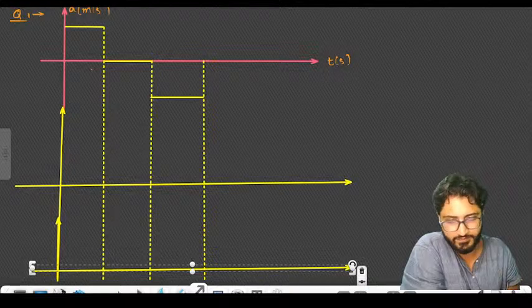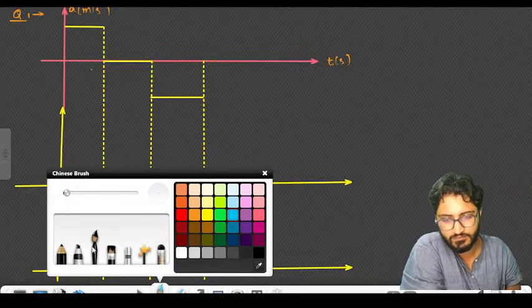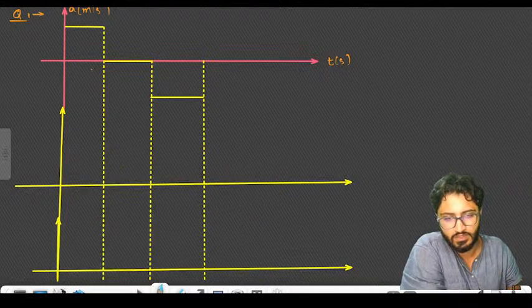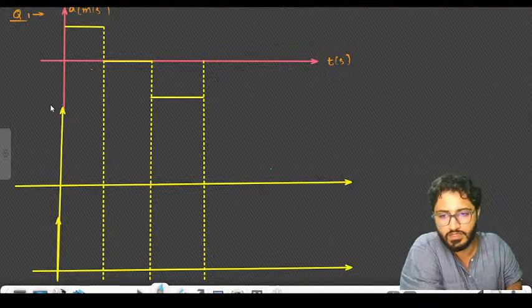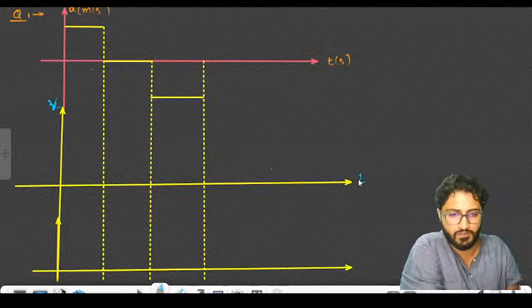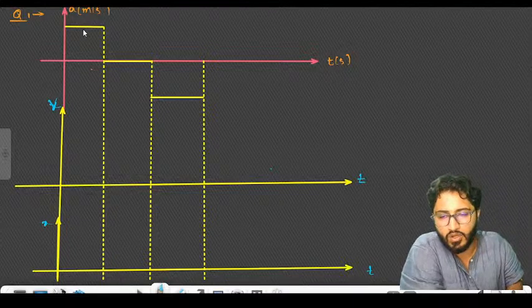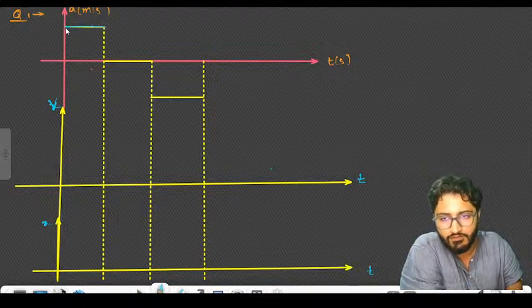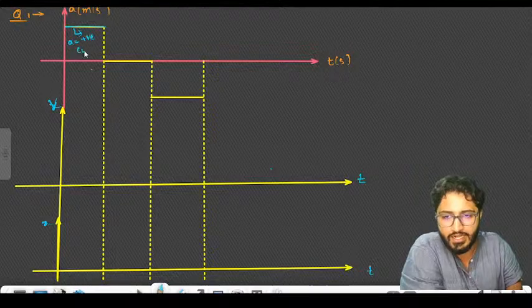Look here. This is VT, then XT. Look now, here velocity is constant. Velocity, no, sorry, here acceleration, now this one, acceleration is positive and it is constant.